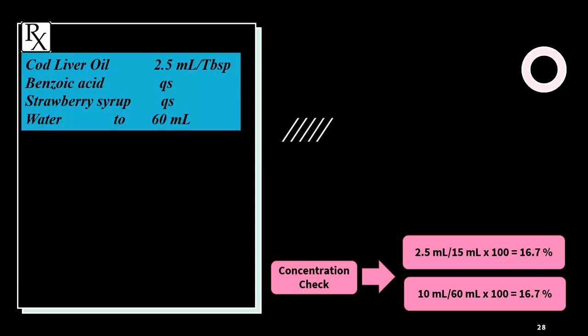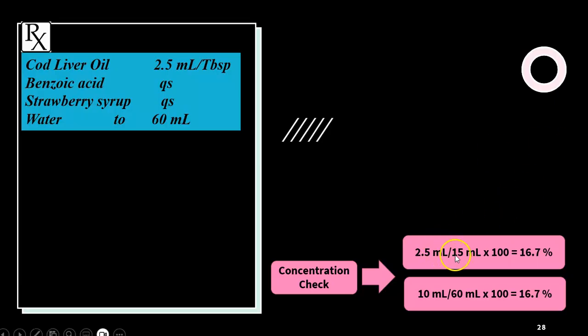So each 15 milliliter should have 2.5 ml of cod liver oil when the patient drinks a tablespoon. Benzoic acid, QS, strawberry syrup, QS, and water. And remember, there's a hidden ingredient, which is acacia, because you cannot make an emulsion without a stabilizer or an emulsifying agent.